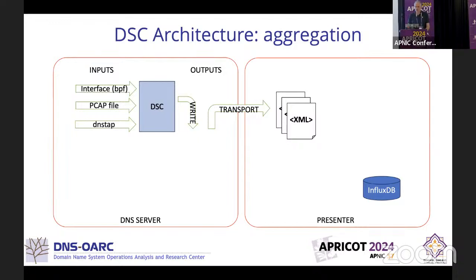Once you've got those files and they're coming in batches, maybe you run this continuously, maybe you're doing an rsync every minute or so. You're going to read them into this Python program called DSC Data Tool. Now, DSC is super fast, so it has very little overhead in terms of resource usage when it's processing the PCAPs, but DSC Data Tool is a little bit more top heavy.